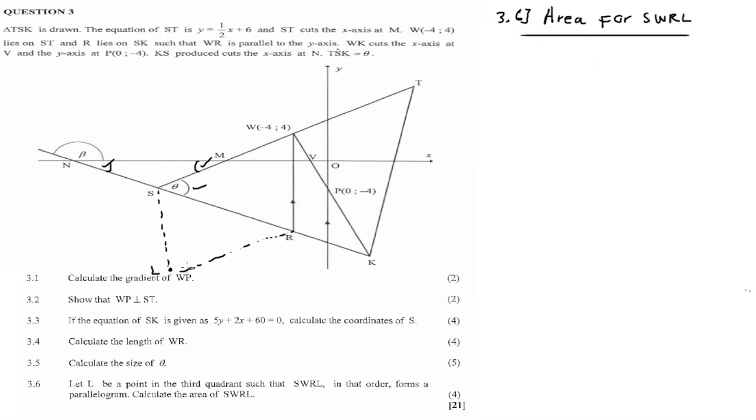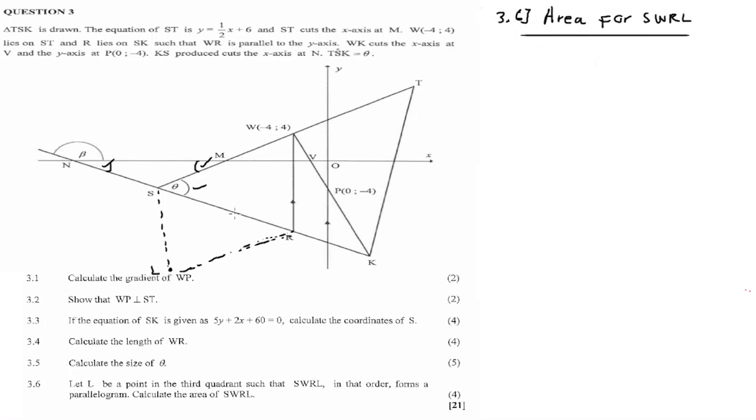Now point L is such that this shape is a parallelogram. So how do we calculate the area for this parallelogram? Note that SR is actually a perpendicular line inside this parallelogram. Now in order to find the area, we can work in many ways, but I will use the area rule to find the area for this triangle.